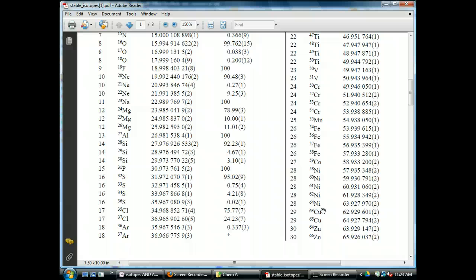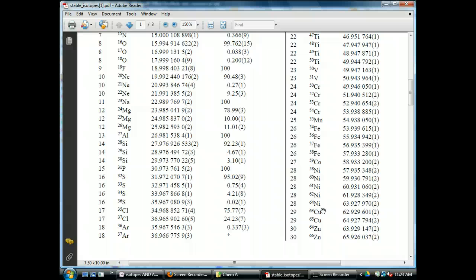So if you don't have the right ratio of protons to neutrons, the nucleus will become radioactive. And these are stable isotopes. So it can become totally unstable and just break down immediately if you don't have the right balance of protons and neutrons. That's why there are only certain isotopes allowed. We'll get into that more next week.